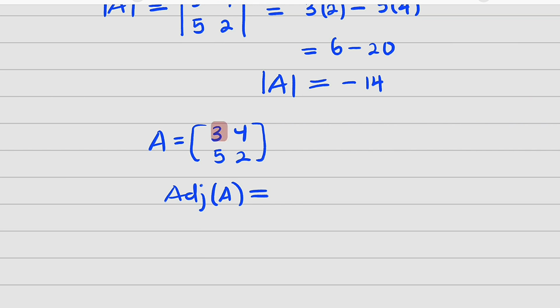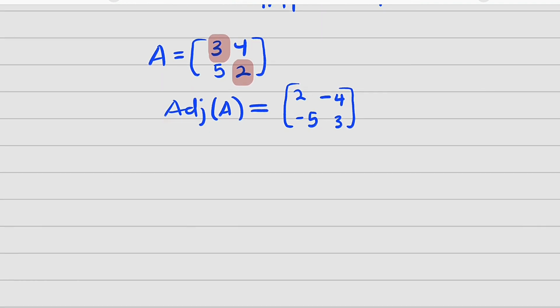All you have to do is interchange the leading diagonals. Let us interchange them. We have 2 and 3. Then the rest of the entries, we multiply by negative 1. So we have negative 4 and negative 5. This is the adjoint of our matrix.